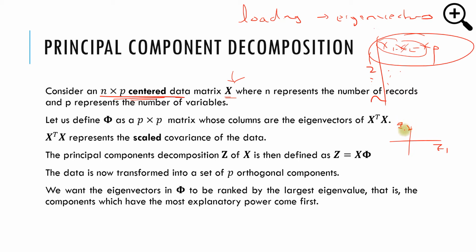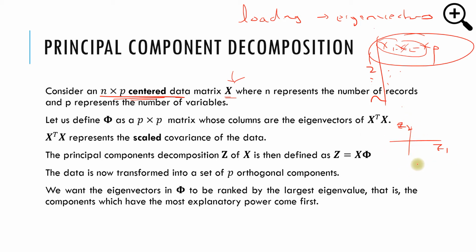If they are transformed into z1 and z2, that would mean you have a direction given for z1 and a direction obtained for z2, all right, in the data originally.